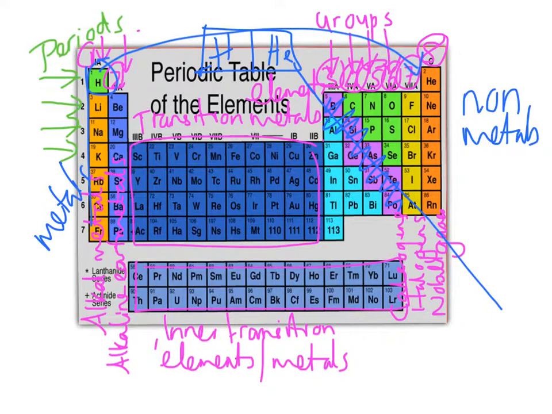A chap by the name of Dmitry Mendeleev came up with the periodic table concept, and he realized that all the elements in group 1, because they've got the same electron outer structure, behaved similarly. Group 2 the same thing, group 3, group 4. Even if you start to go down some of the other groups, for example, copper, silver, and gold, all can be used for jewelry.